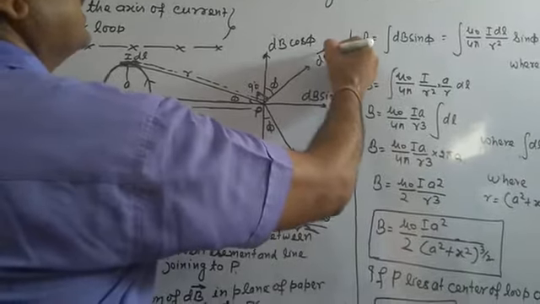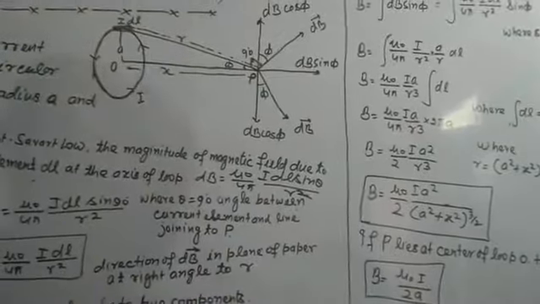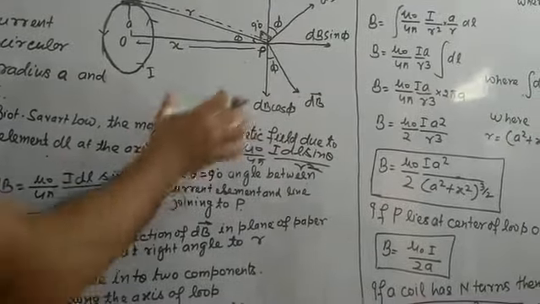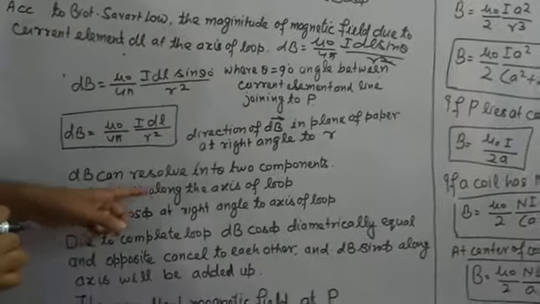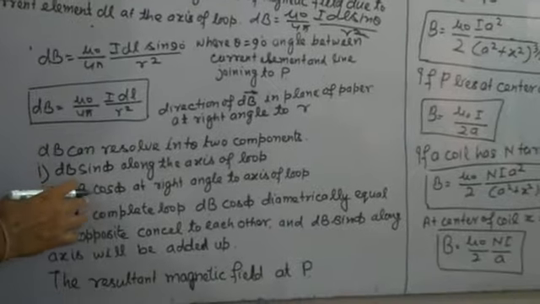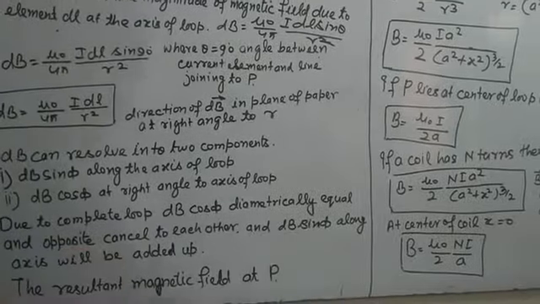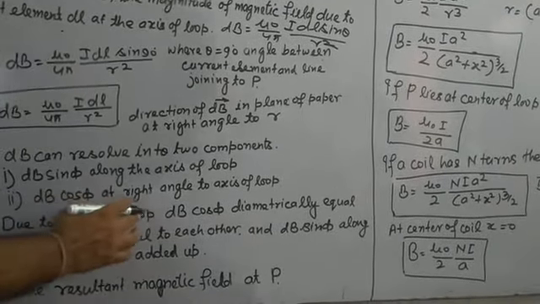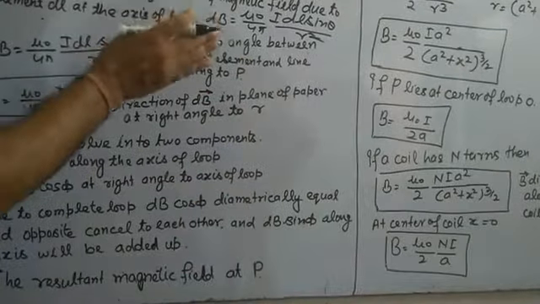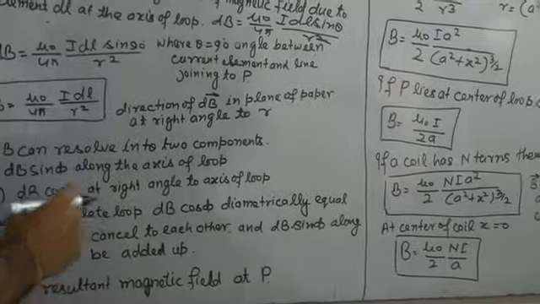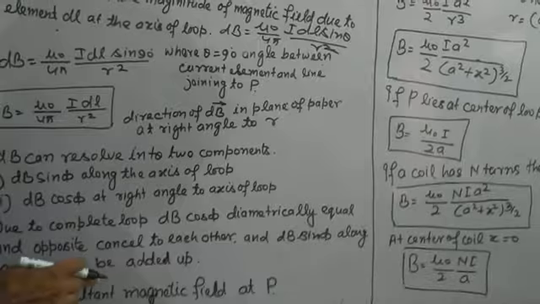This vector dB can be resolved into two components: along the axis, dB sin phi, and at right angle to the axis, dB cos phi. Due to the complete loop, the dB cos phi components, being diametrically opposite, cancel each other, and the dB sin phi components along the axis add up.